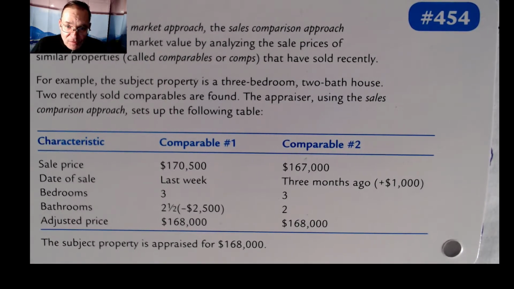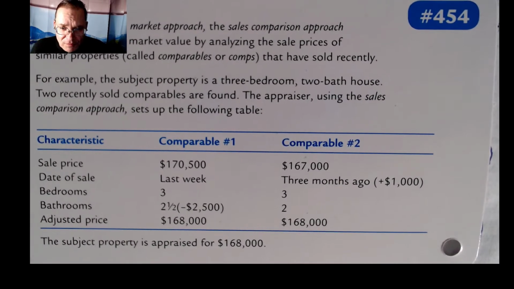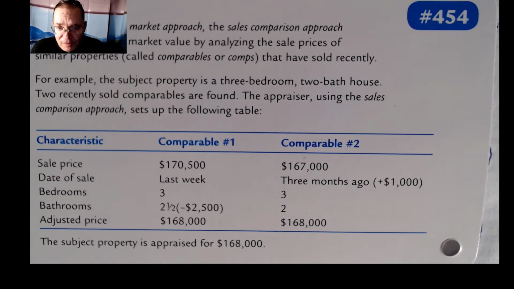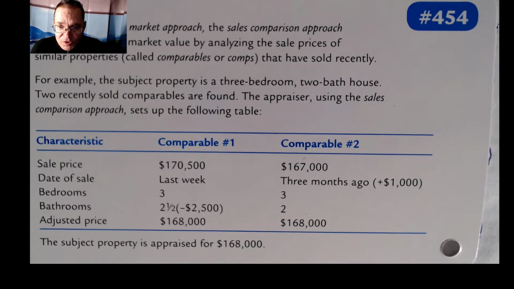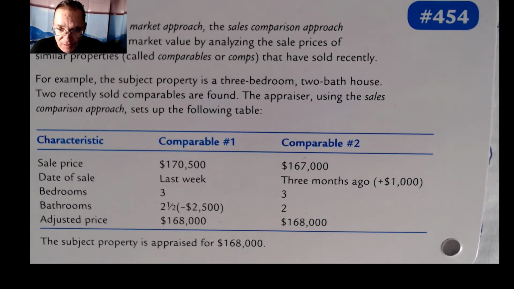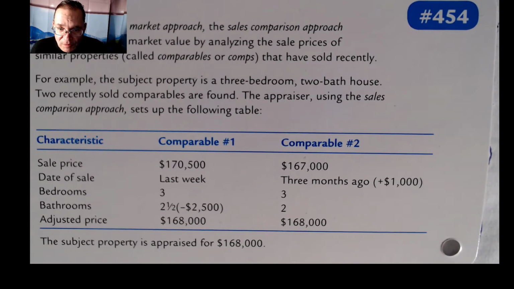For example, the subject property is a 3-bedroom, 2-bath house. Two recently sold comparables are found, and then the appraiser, using the sales comparison approach, sets up the following tables. There's a characteristic, a comparable 1, a comparable 2, and then the subject property is appraised for.